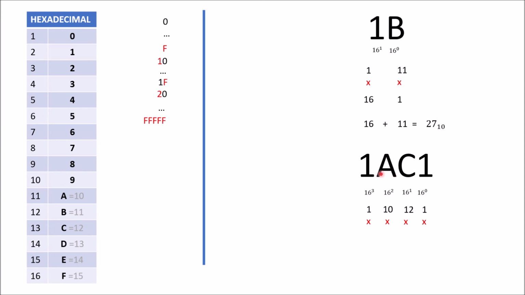Take into account that a has been replaced by its value 10 here, as well as c by the value of 12, just like in the table. So we multiply all of these numbers, and we add the final results to get the decimal equivalent.